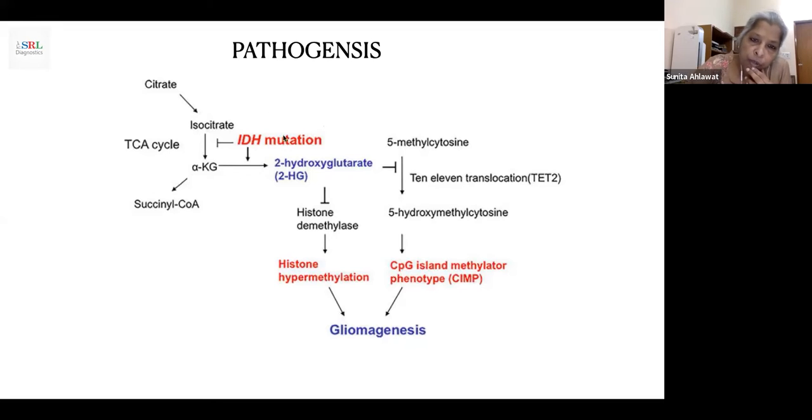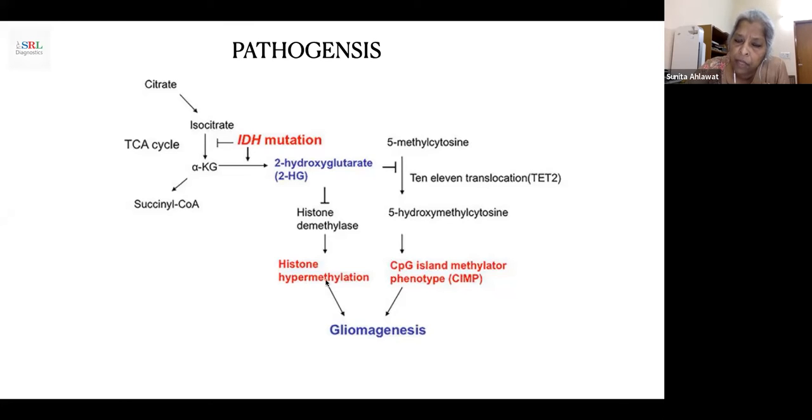When there is mutation of IDH, this enzyme causes production of an oncometabolite, which is 2-hydroxyglutarate. This oncometabolite causes DNA methylation and methylation of histones.